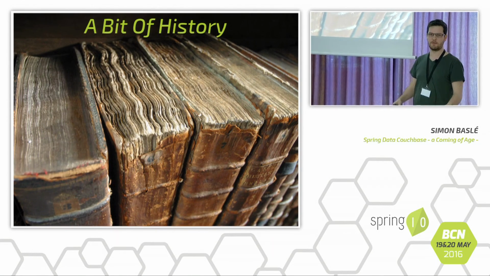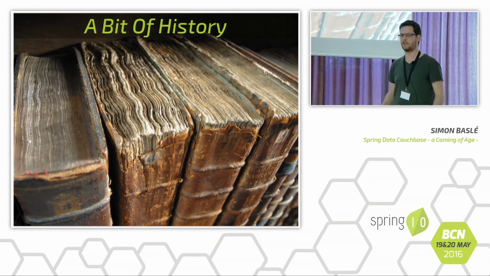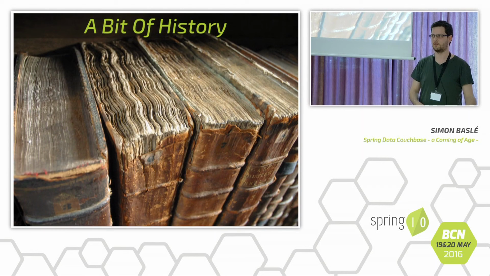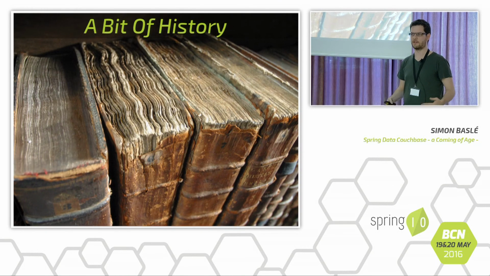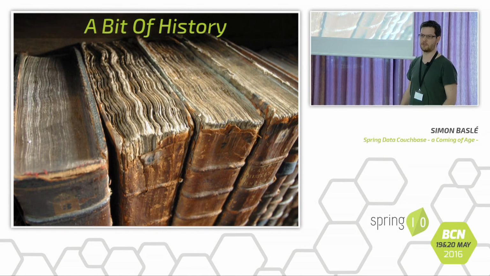So, what is Couchbase? Couchbase is a NoSQL data store that is both a document-oriented data store and a key-value data store. It's a hybrid between two projects: Apache CouchDB for the document-oriented side of things, and Memcached, which is a cache key-value kind of store.